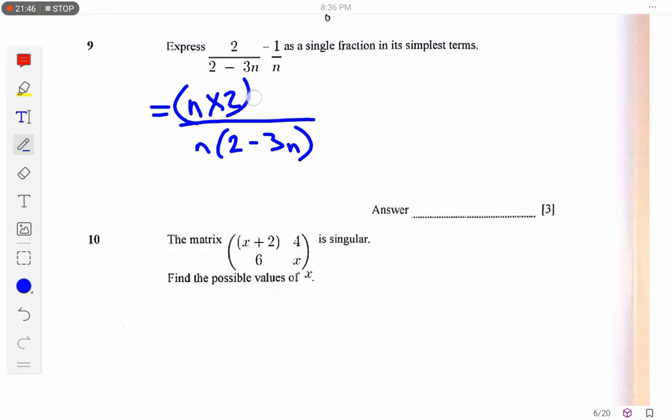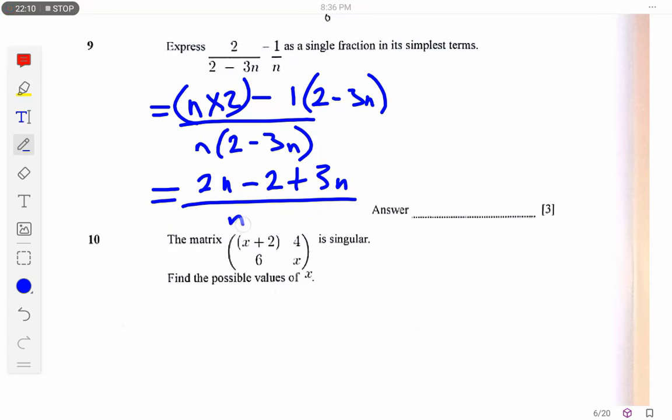That's the first part, minus 1 into this again, I'll have minus 1 times 2 minus 3n. Now we are just simplifying. I'll have 2n minus 2 plus 3n all over n times 2 minus 3n.